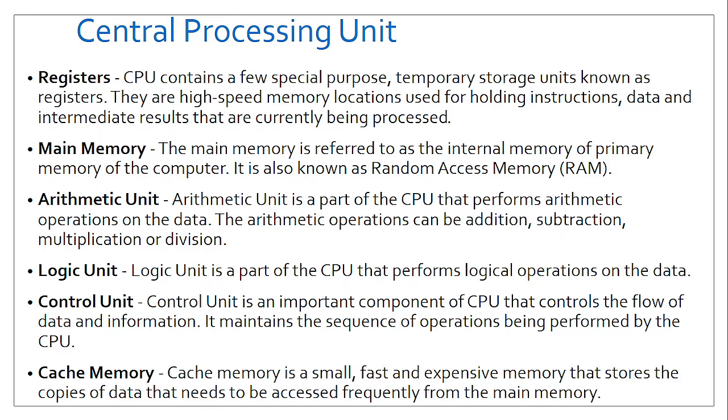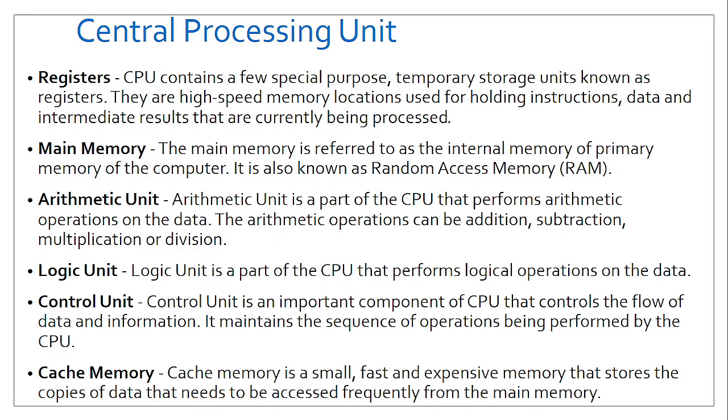We also have the arithmetic unit, part of the central processing unit. This one performs operations such as addition, subtraction, multiplication, and division. So you wonder why the computer is always accurate. This is the component that enables arithmetic operations to be executed.